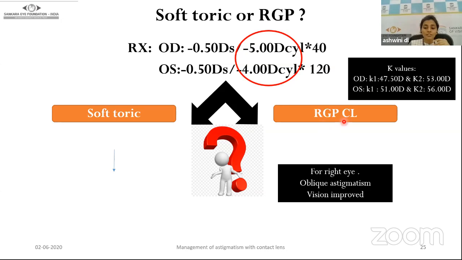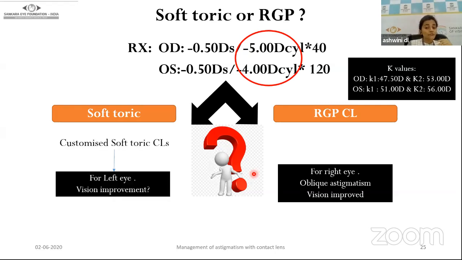So we went with the RGP, and when we did a trial, the patient's vision improved to 6/6. With this prescription in spectacles, he had a vision of around 6/22, but when we did a trial in the right eye with the RGP contact lens, it reached 6/6. So for the right eye, we decided to go with the RGP contact lens. As I was saying, for the left eye there is an option of giving the soft toric also, and the RGP also.